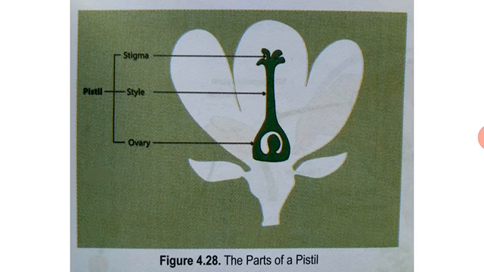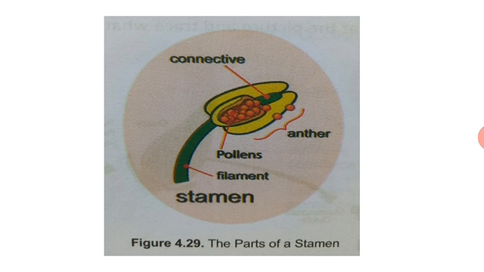We talked about the pistil a while ago, so let's move to the stamen. The stamen is the male reproductive structure of the flower. It is composed of two parts, the anther and the filament.